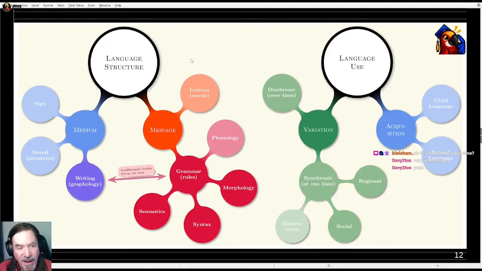So yeah, and we should not forget, I've got up there, sign is another medium, which we often forget, sign language, right? For those of you who've had no exposure to sign language, you might not be aware that sign language is not simply gestural English or whatever language is spoken around them.